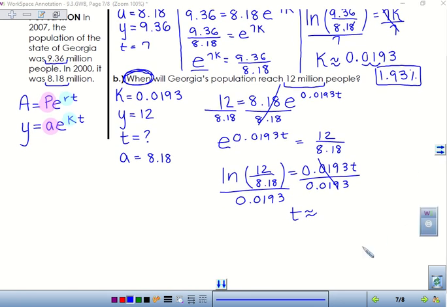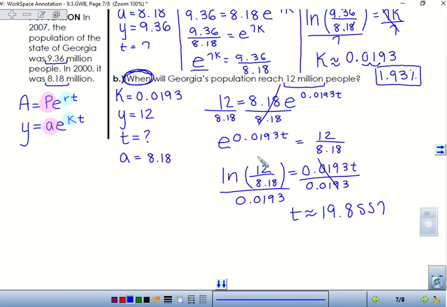So do that all in the calculator. I do the ln part first. ln of 12 divided by 8.18. Close the parentheses. And then divide it by 0.0193. And you should get about 19.8557.